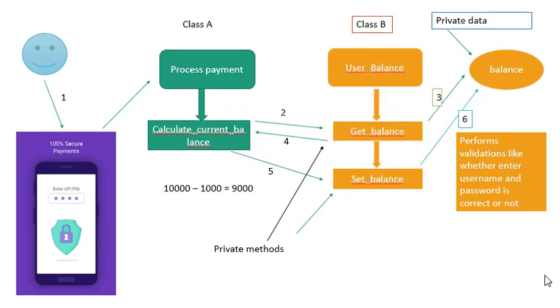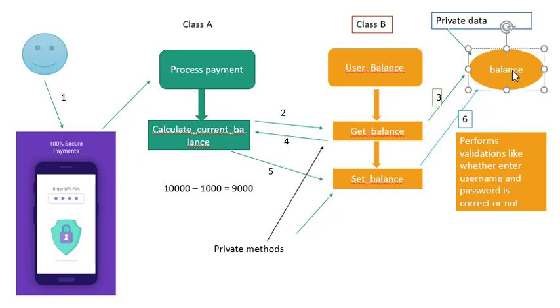So as per the definition, what is encapsulation? It means wrapping up the data inside something. I'm not telling you word for word, but this is how I remember it. It's very simple.